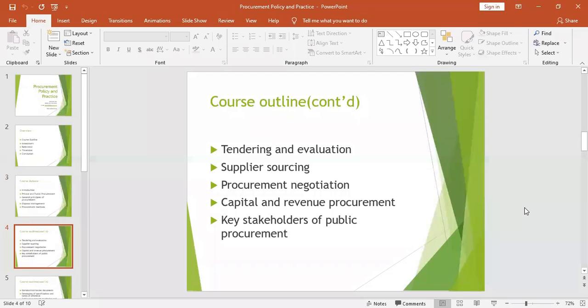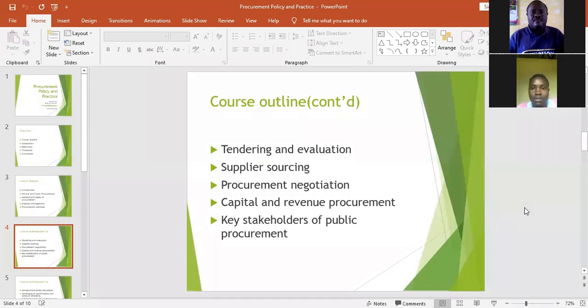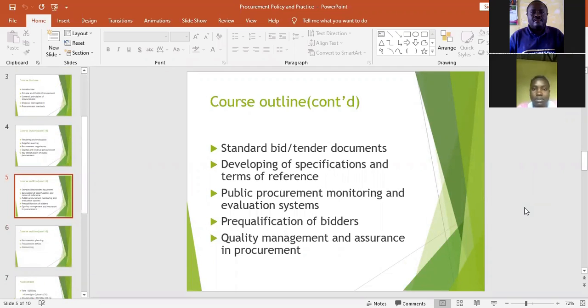Other topics include tendering and evaluation, supplier sourcing, procurement and negotiation, capital and revenue procurement, key stakeholders of public procurement, standard bid or tender documents, which are used in the process of procurement, developing of specifications and terms of reference as another topic. All these are topics, the ones I mentioned.